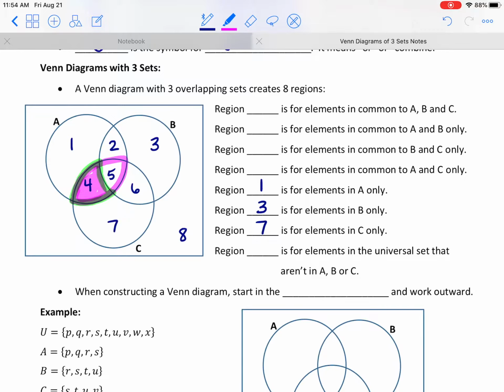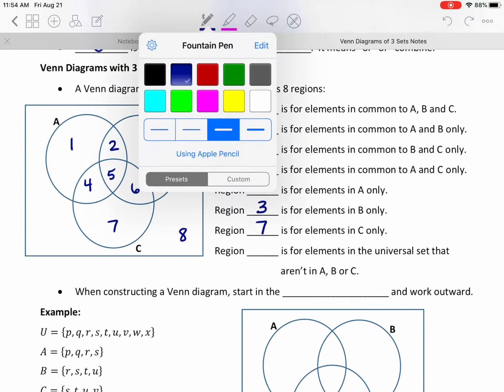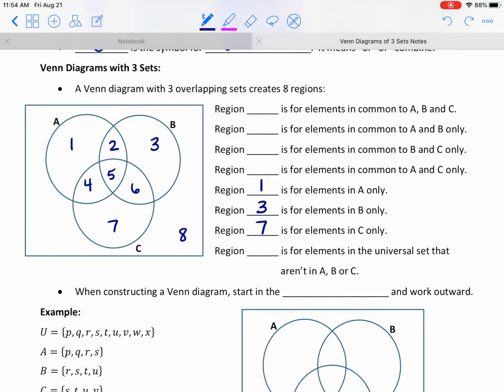So region 4 is A and C only, and then similarly, this region would be A and B only, and then this region would be B and C only. So region 2 is for A and B only, and region 6 is for B and C only.